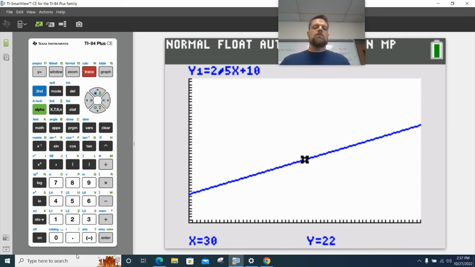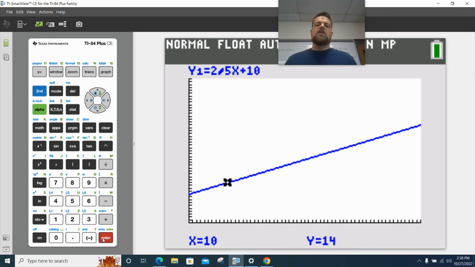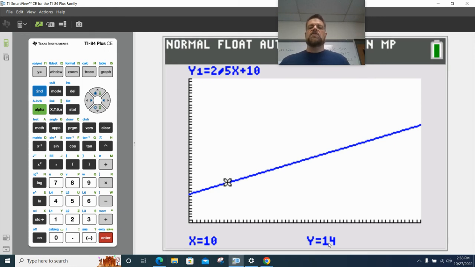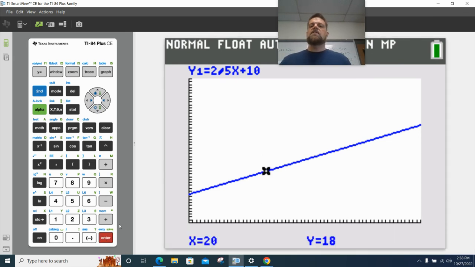When x equals, remember x represents the number of years, so 10 years after the initial measurement, what will the diameter be of the tree trunk? 14 inches. See how that works? What about 20 years? 18 inches.